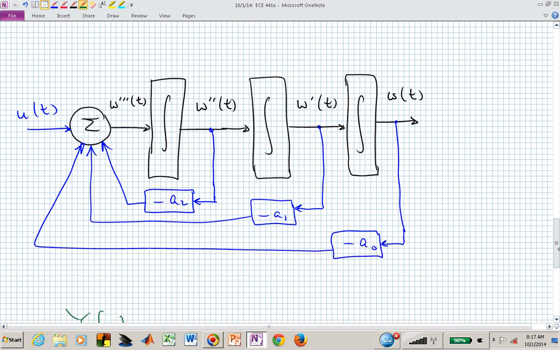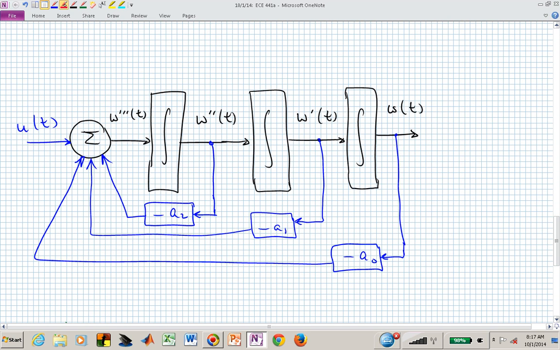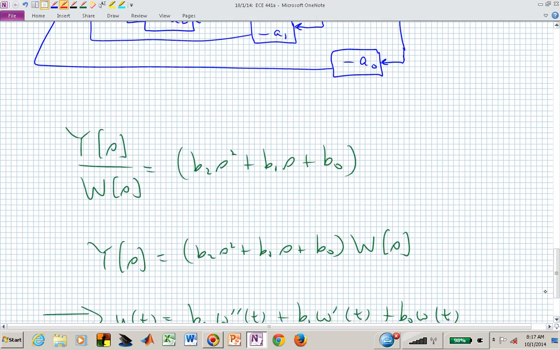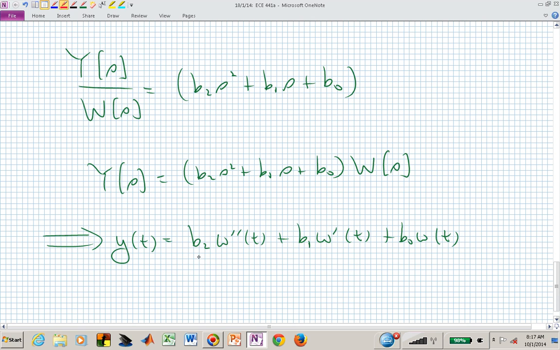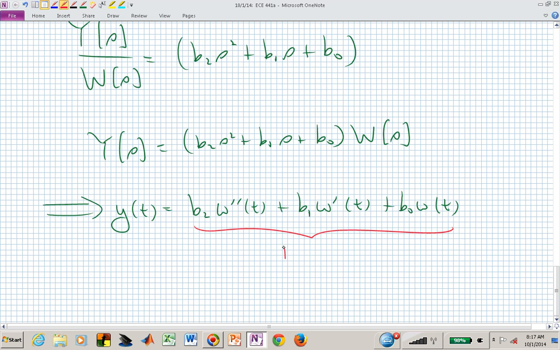Meaning, I'm going to now scale w with b sub 0. Now these are going to be the inputs to the summing junction. And this is the output.